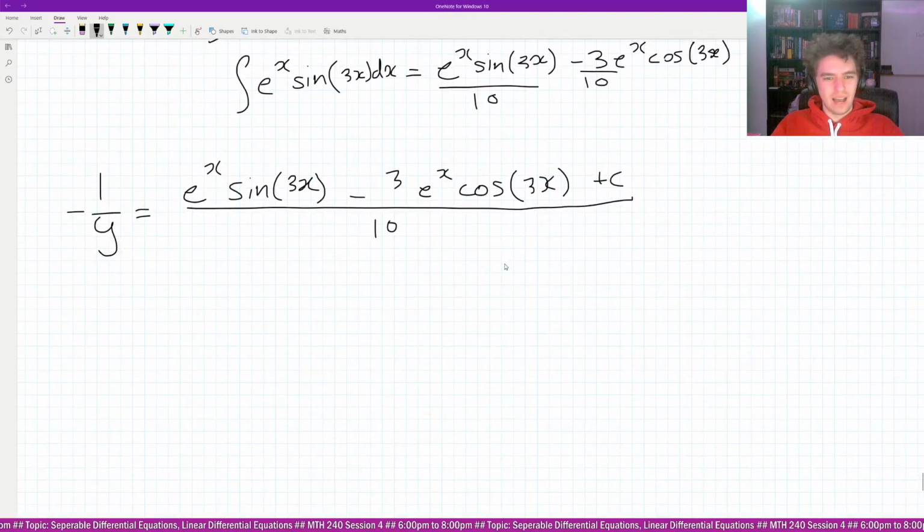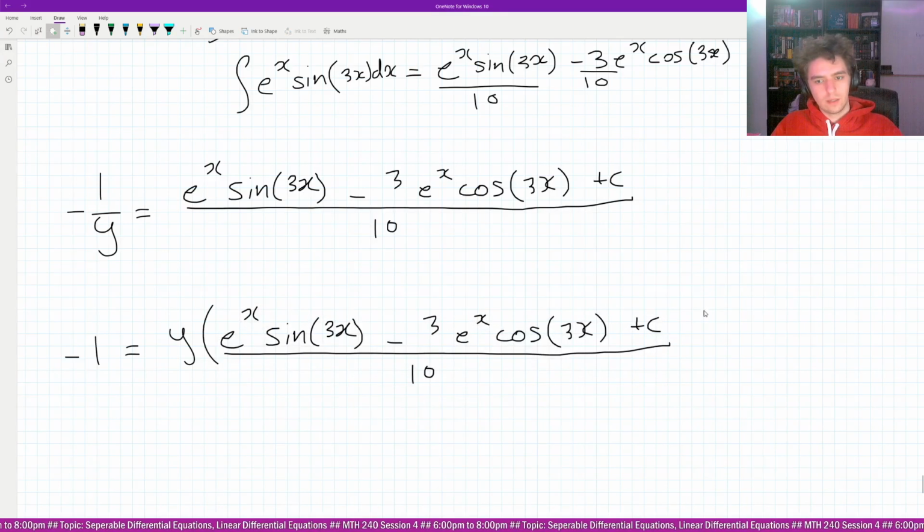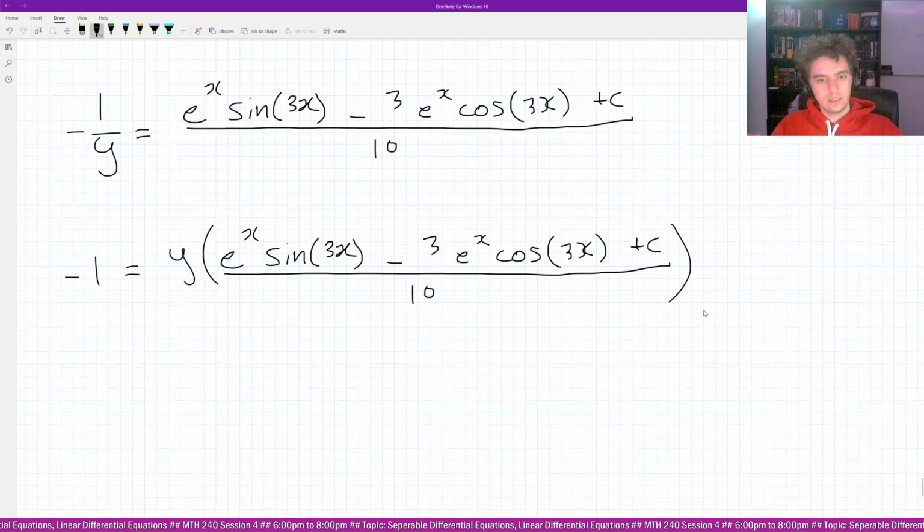Multiply both sides by y, we get negative 1 equals y times this. So I think it'd be better if you just flipped it.